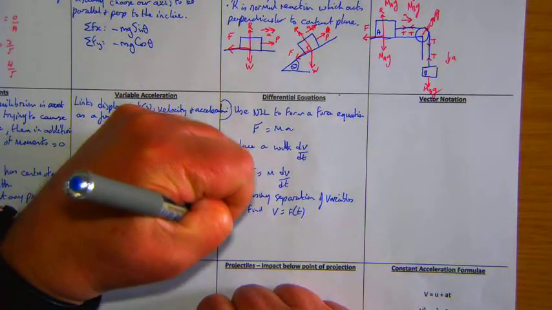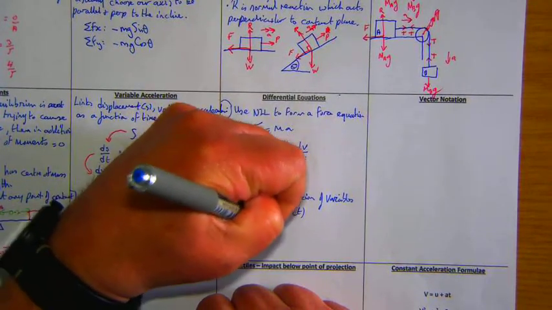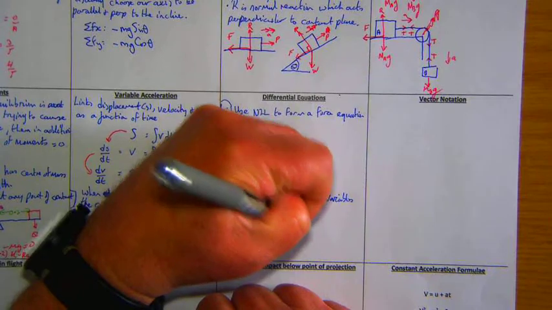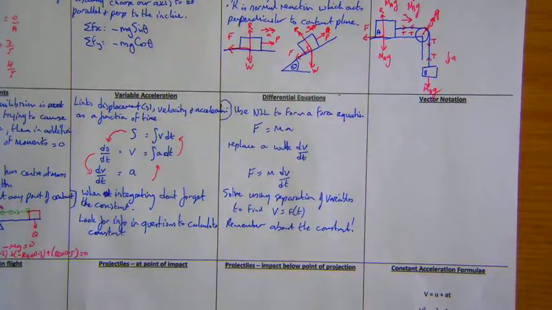And remember, because you're going to be integrating, to make sure that you put a constant in, and then using some initial conditions that will be given to you in the question, you would then substitute in to work out what that constant is.